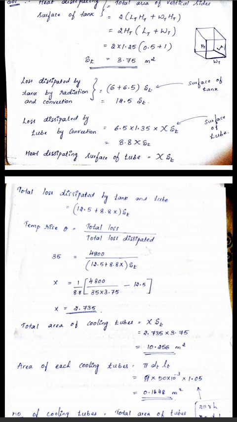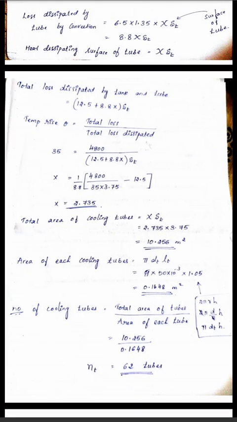In case the problem mentions that the improvement in heat transfer is 40%, then your value will be 6.5 into 1.40. If it is 45%, then 1.45. If it is 50%, 1.50.